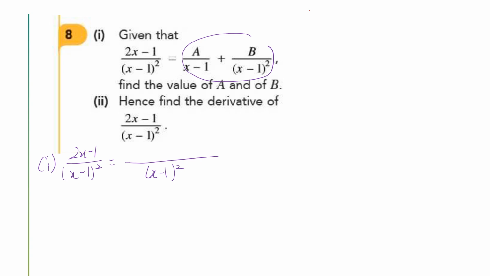So I need to multiply this with x minus 1. So that will be a times x minus 1 and b times 1, because my denominator is already x minus 1 to the power of 2. Okay, so I'm just going to compare the numerator. So 2x minus 1, because the denominator is already in the same form. Can you see that the denominator is already in the same form? So you just need to compare the numerator.